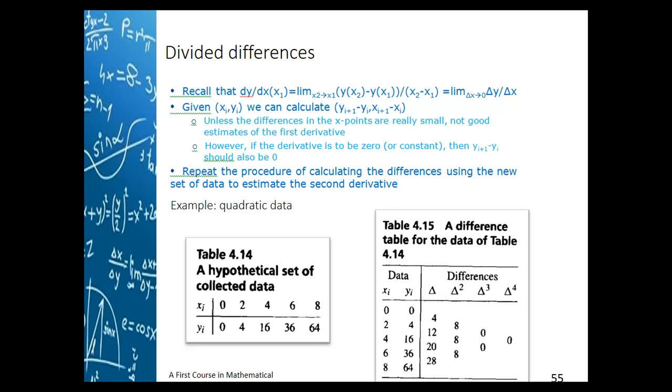What is divided difference? The idea is that you use your earlier data. You use your set of data, organize it and find the difference. The idea is that you just find the tangent, actually.